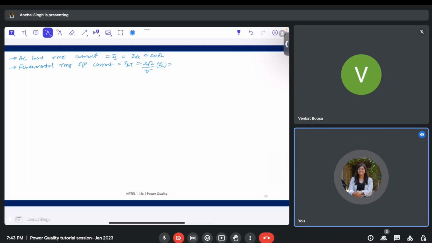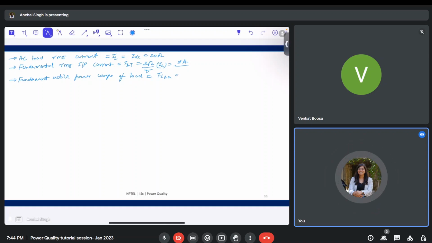So this comes out to be, IL is, we know, 20 amperes. So this comes out to be 0.9 into 20, that is 18 amperes. Now the fundamental active power component of the load, we know it is denoted by IL1A.